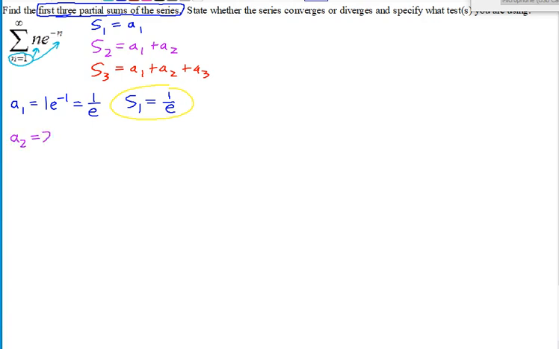So that would be 2e to the negative 2. So this would be 2 over e squared would be the second term. And the second partial sum, you take these two terms added up. So it would be the first term 1 over e plus the second term 2 over e squared. That would be our second partial sum.